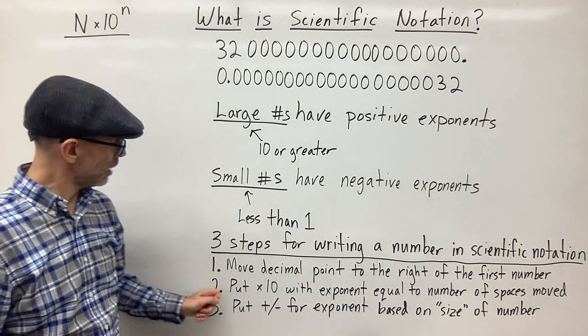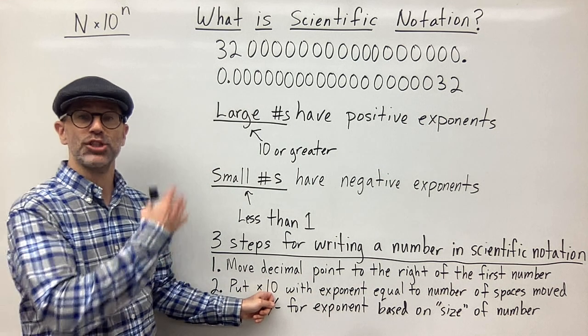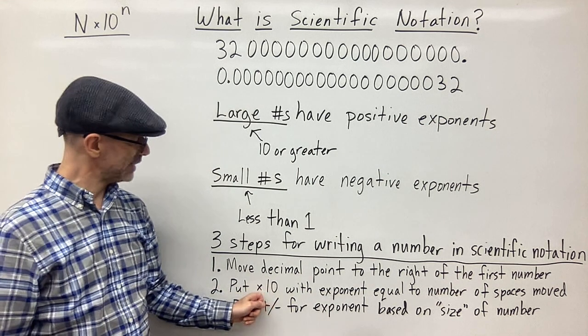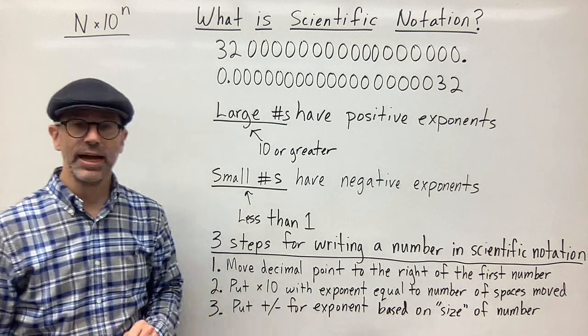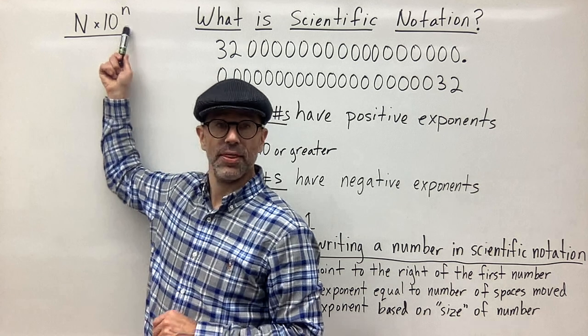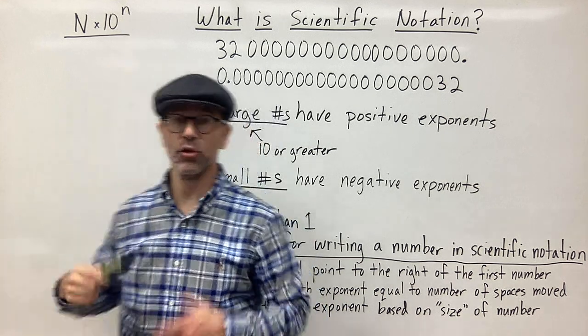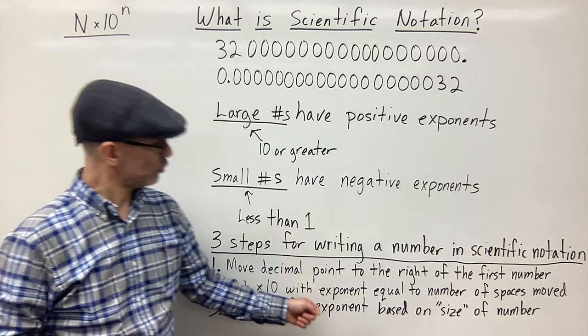That's step 1. Step 2, put a times 10 next to the number. Now that you've changed the number, you're going to put a times 10 next to it. And then the exponent that you're going to put here, right? So we got the exponent here. That exponent, that little n, is going to be equal to the number of spaces you moved.